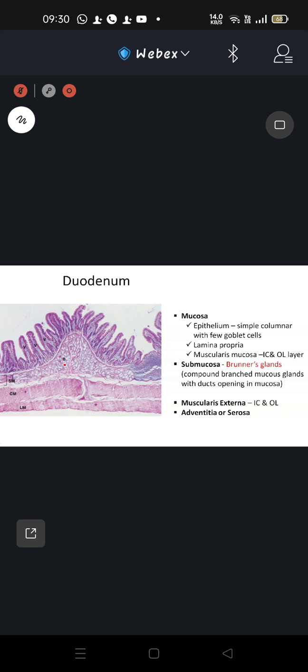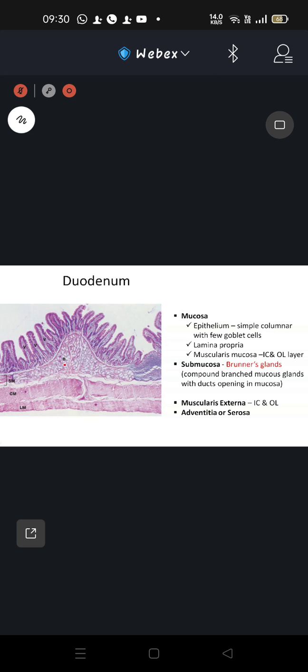This is a low power view showing how these villi are plentiful in the jejunum, and they are long and slender. So these long slender villi are the characteristic. Also characteristic are these circular folds.